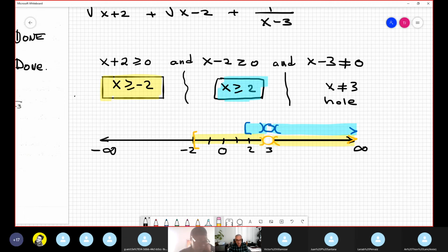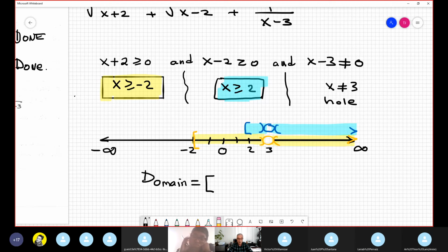So what is my conclusion for the domain? Intersection. I need to intersect the yellow part and the blue part. Remember, it's and. It's the common element. What is the common element between the yellow and blue? Does negative 2 participate, or do we start at positive 2?